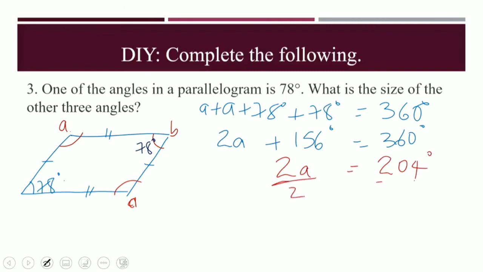Dividing both sides by 2, we have A is equal to 102 degrees. So it means that each of these angles measure 102 degrees. Again, you can always check your work. You can always add the angles to see if they correspond, if they add up to 360 degrees.